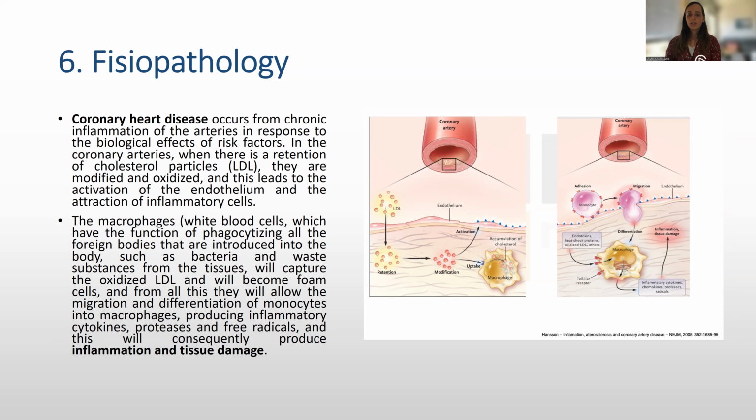And from all this, they will allow the migration and differentiation of monocytes into macrophages, producing inflammatory cytokines, proteases, and free radicals. And this will consequently produce a lot of inflammation and tissue damage.